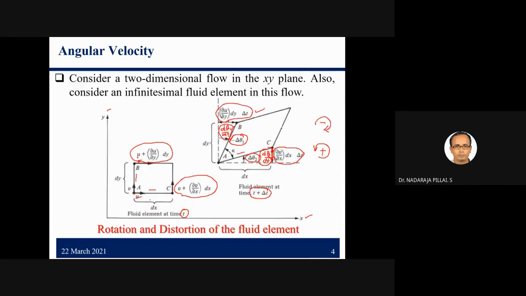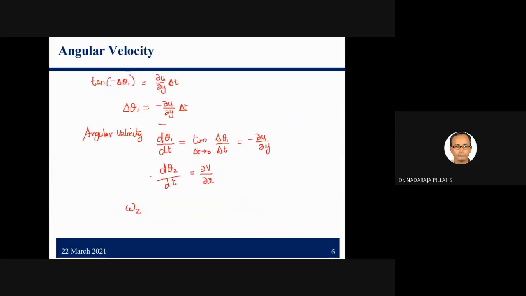If this is the fluid element with the x and y, then with respect to z only you have the angular velocity. So let us write angular velocity omega z is equal to average of d theta 1 by dt plus d theta 2 by dt.